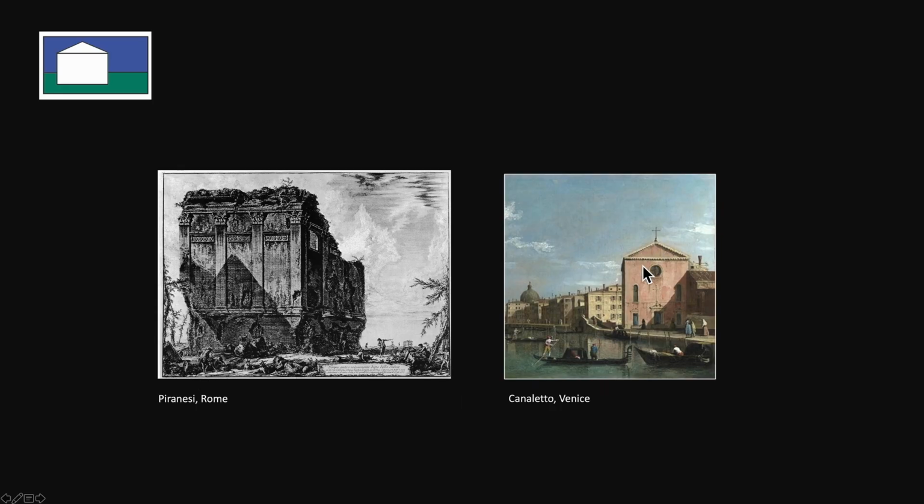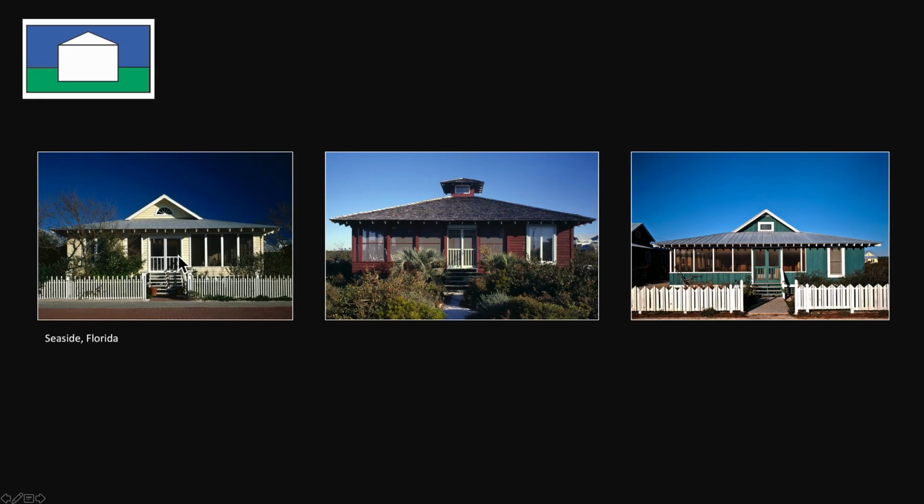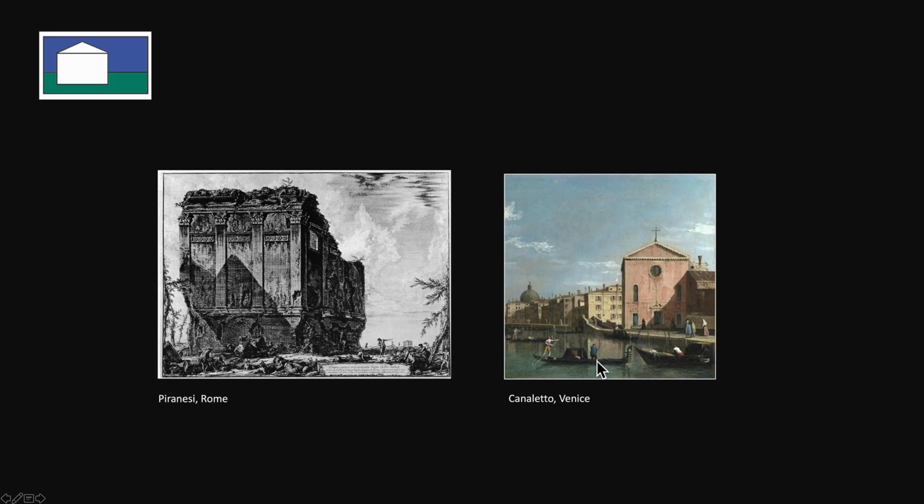Here's Canaletto. His main building is here. Center of the building is here. Now, why would he do that? Well, unlike these images, he's also wanting you to see what else is around there. And by offsetting his main building, he can see the other things that are around there.